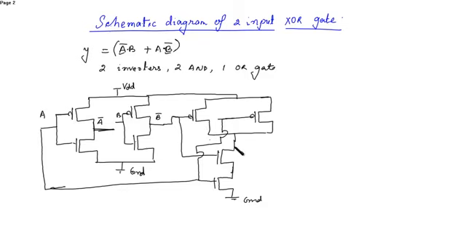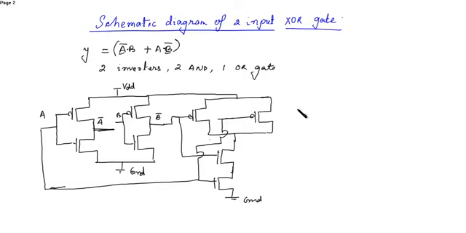This is B bar A, then there is A bar B. So again you will need a schematic over here, and finally will be the OR gate. If you want to draw a bigger schematic, then we need to draw it in a bigger page.